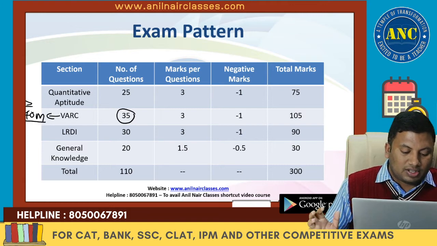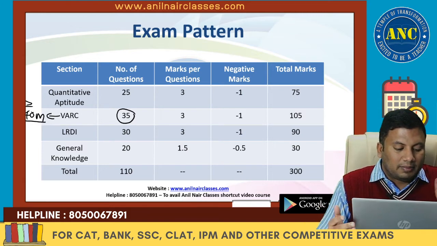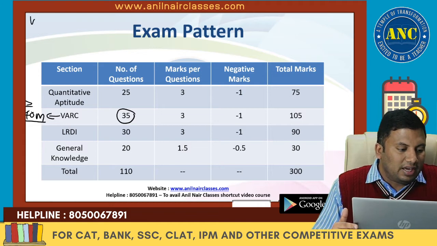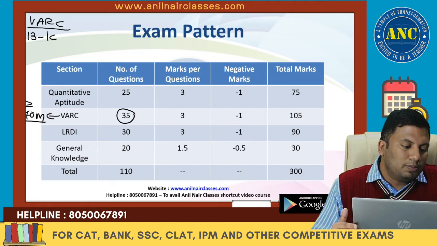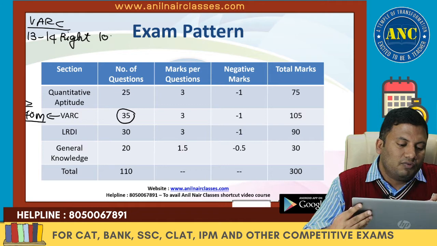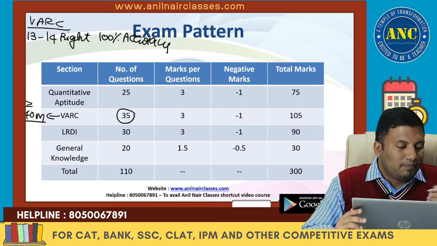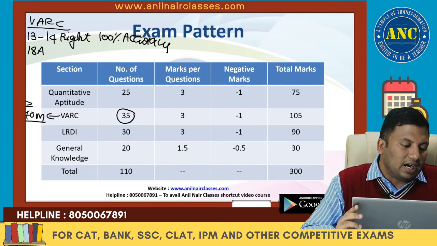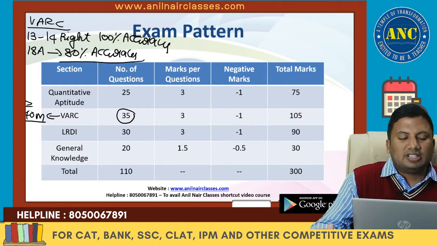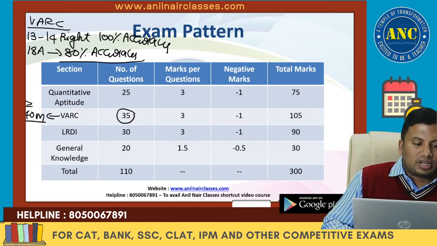So in VA and RC, ideally your number of right attempts should be 13 to 14 right with 100% accuracy, or you can also go for 18 attempts with 80% accuracy, so that you are almost closer to that score.